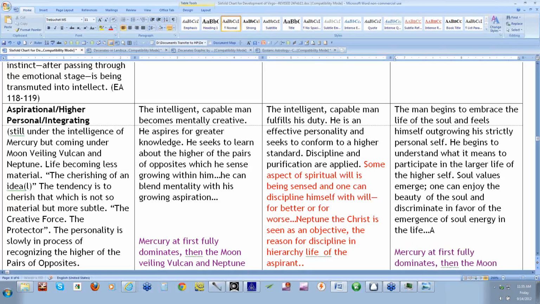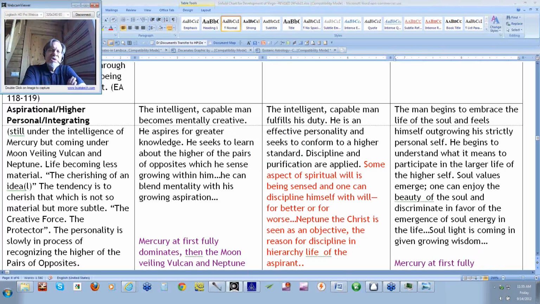So a soul light is coming in, giving a growing wisdom, because we know that the cultivation of wisdom occurs with Virgo, and now we're in a Venus decanate for the aspirant. So he's sensing this inner soul light, this inner Christ light.